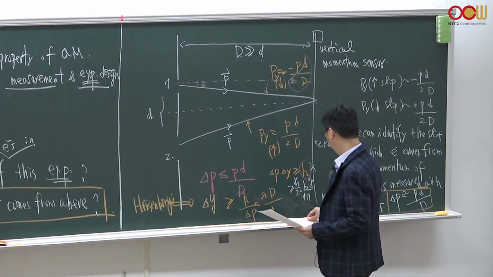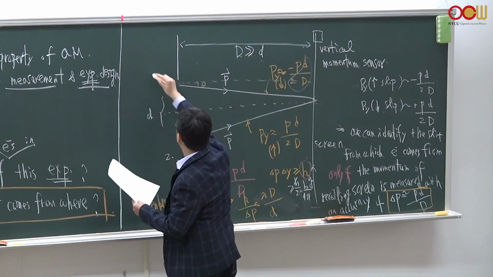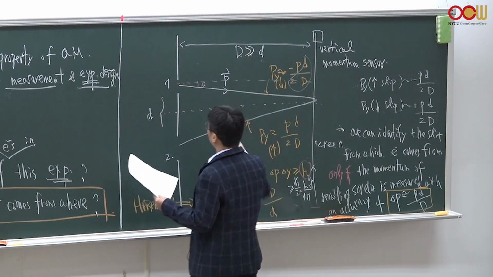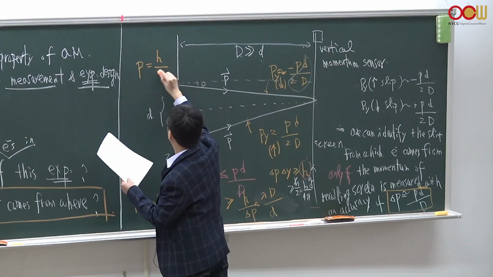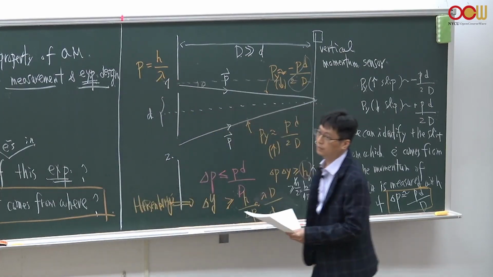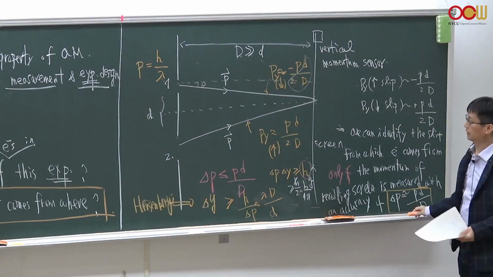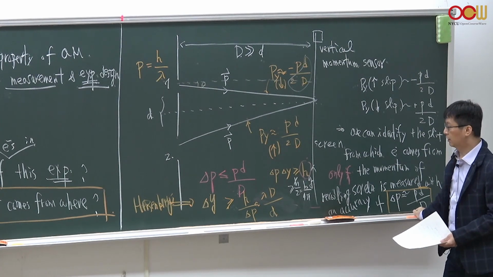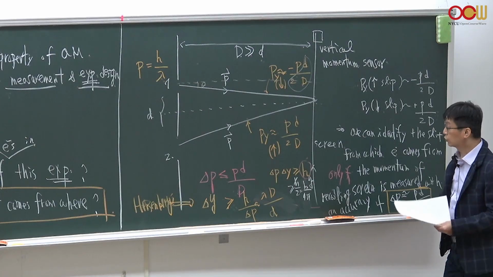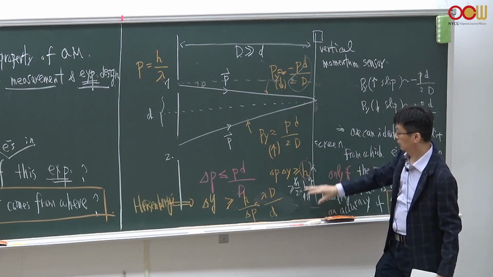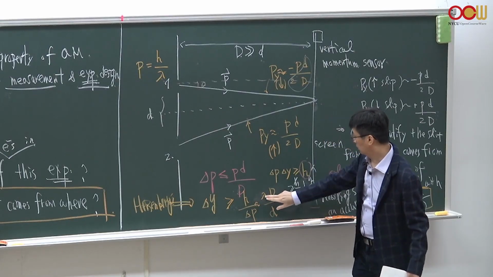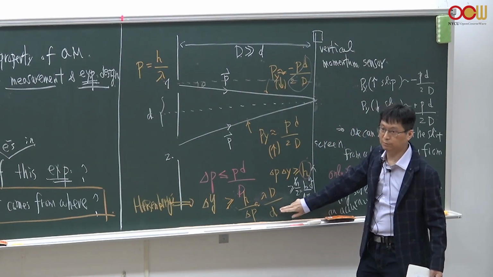And remember, from the de Broglie matter wave, the momentum p of this quantum particle is actually h over lambda, and lambda is the de Broglie matter wave. Okay, so from the Heisenberg uncertainty relation, we know immediately that the error bar to determine the position of this electron hitting the screen should be greater than lambda capital D divided by small d.